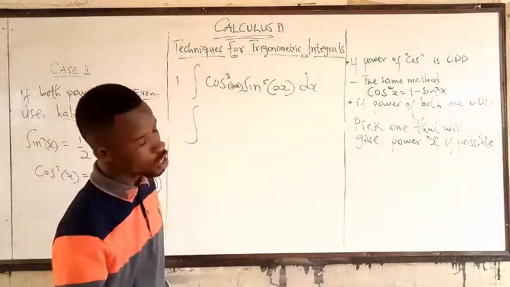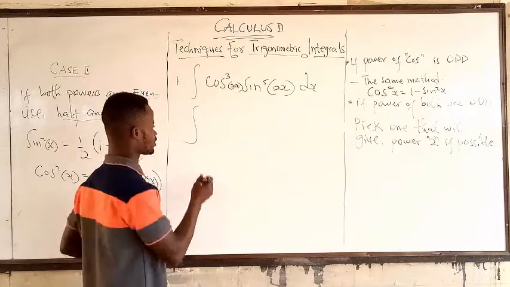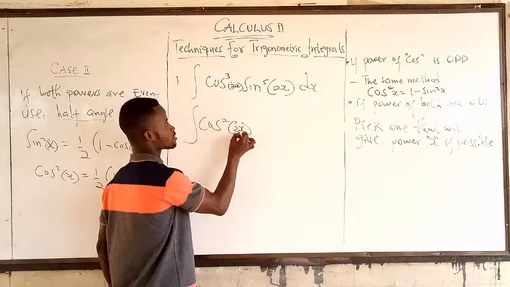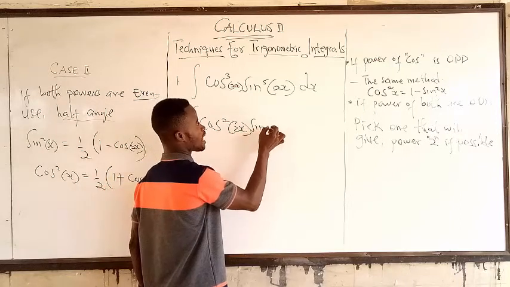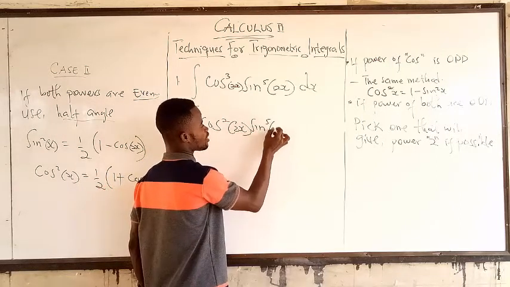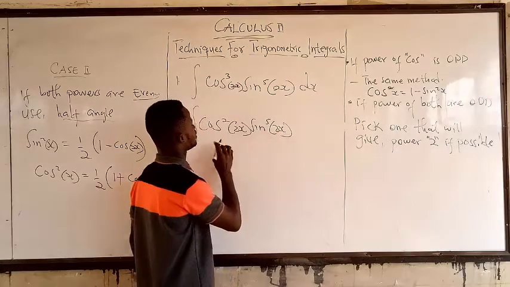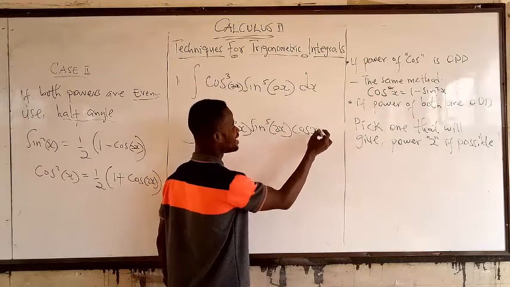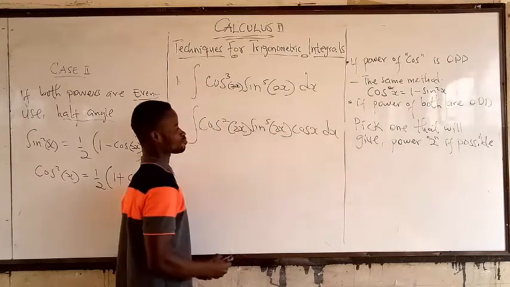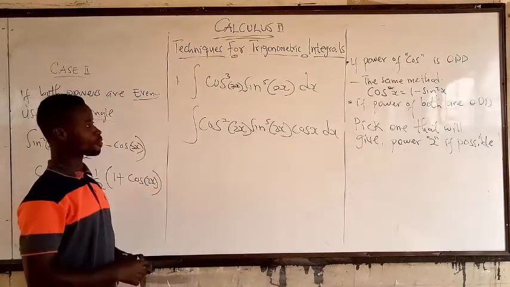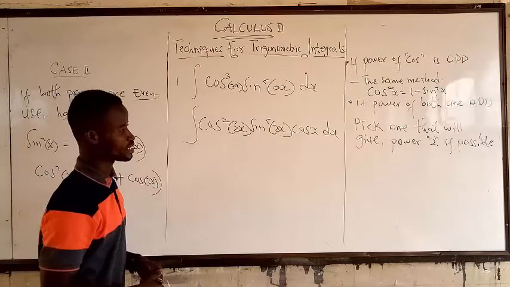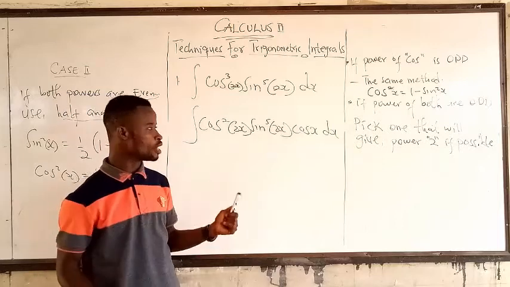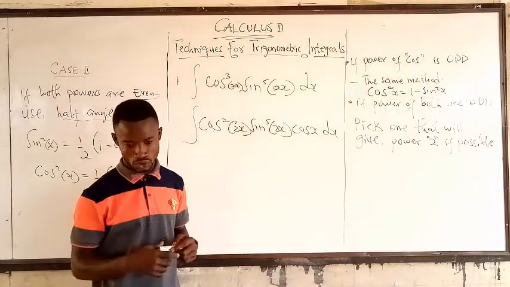Somebody will say, push one of the cos. So let's push one of the cos. We get cos square 2x sine power 5 2x, then the one that we push. Alright. Very good. Now, what do you do next? In the same way, you do a Pythagorean substitution.